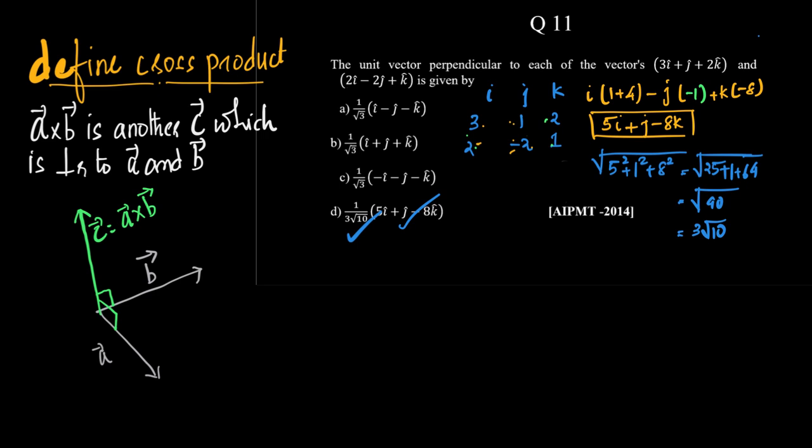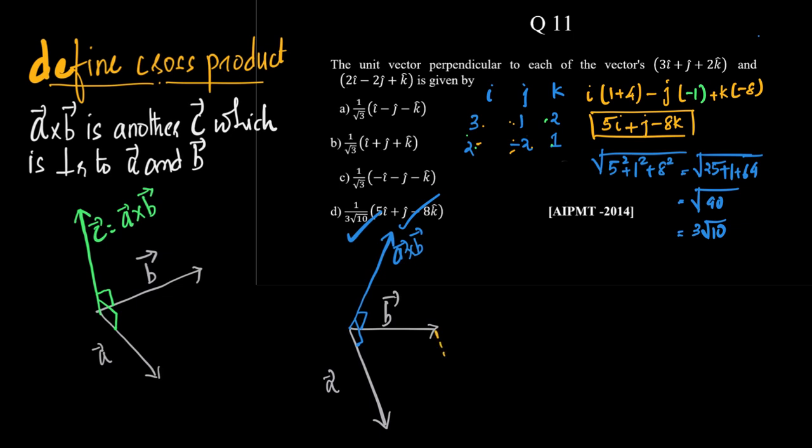Let's say we have vector A here, and let us take this vector B. So this is vector B, this is vector A. Now what is this? This is A cross B. Well, actually, this represents the direction of A cross B. And we know that this vector is perpendicular to both the vectors A and B. Now, what is the magnitude of this A cross B?